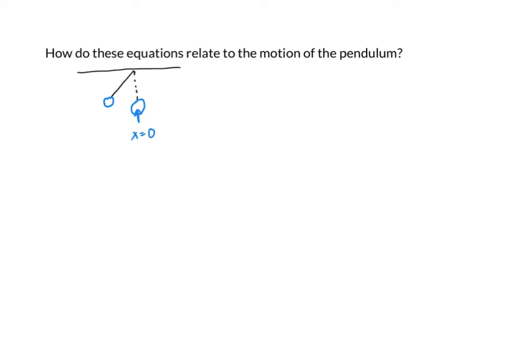As you recall, the equation that I started out with was that my position with respect to time was given by x naught, my initial position, times the sine of omega t. Now, if I look at this equation where t is equal to 0, my position, no matter what x naught or omega are, is going to be 0. The reason for that is that the sine of 0 is 0, right?